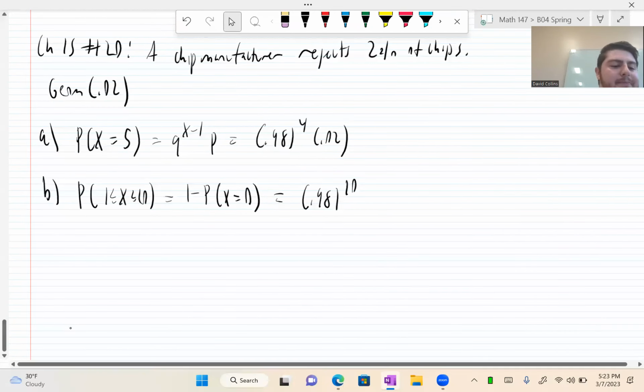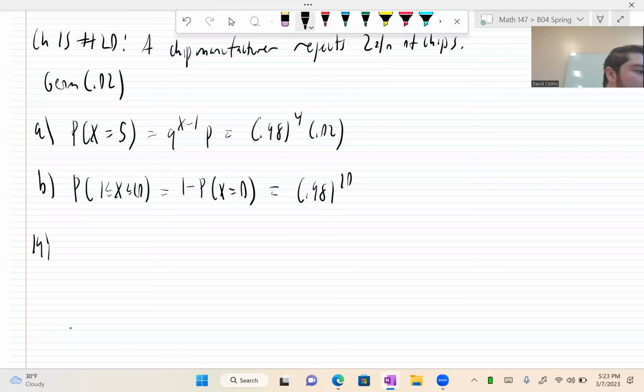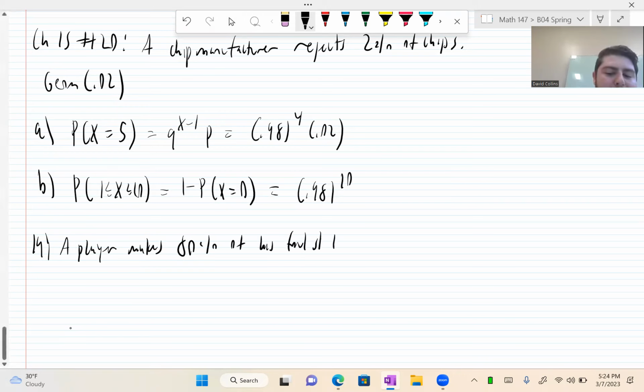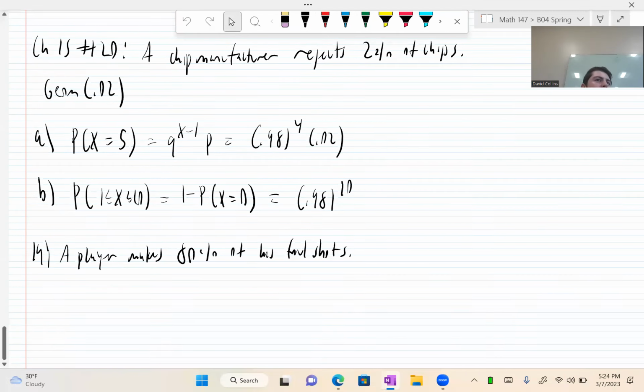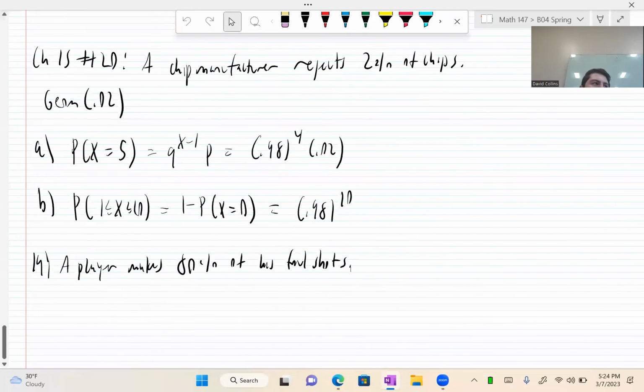Oh, 19 is a good one. So this is about basketball players. A basketball player makes 80% of his foul shots. Assuming the shots are independent, find the probability that blah, blah, blah. So is this going to be geometric or binomial?